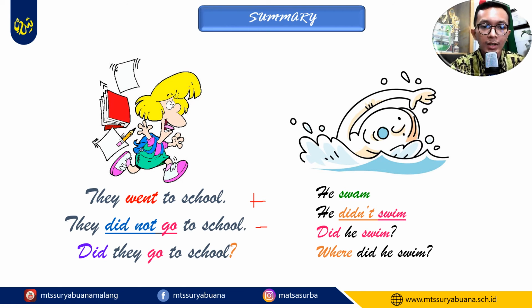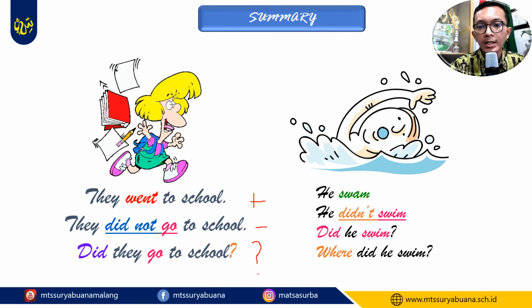And the last one: did they go to school? If you want to make an interrogative sentence or question, you have to write did at the beginning of the sentence. Did they go to school? This is an interrogative sentence.